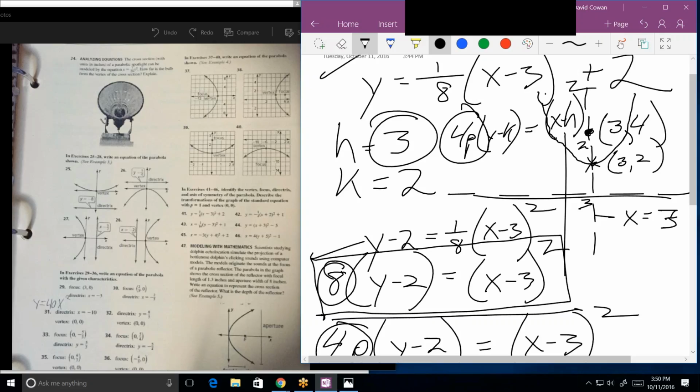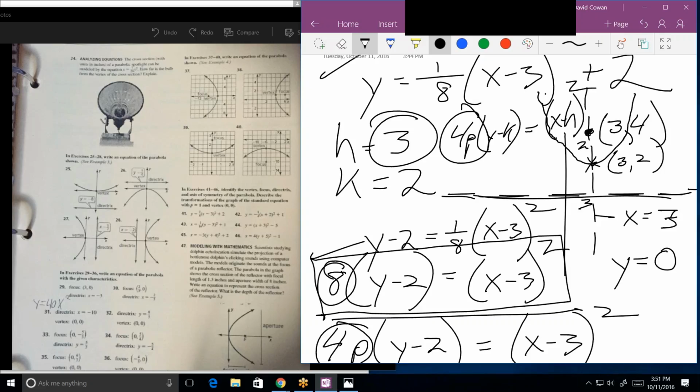X equals 3. Oh, hold on. That's not even the correct one. Yes, it is. If that's 2 units above, and this is at a y-coordinate of 2, then if I go 2 units down, the directrix is the x-axis. The equation of the x-axis is y equals 0.